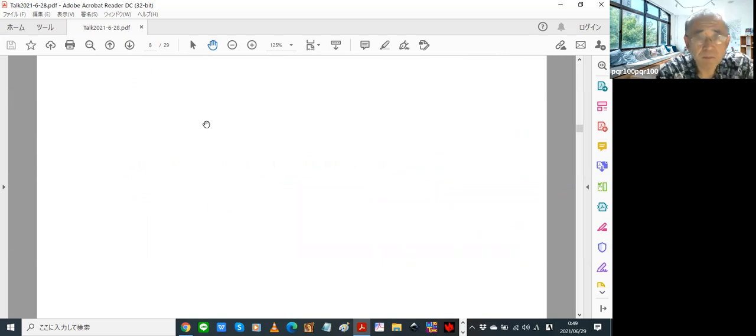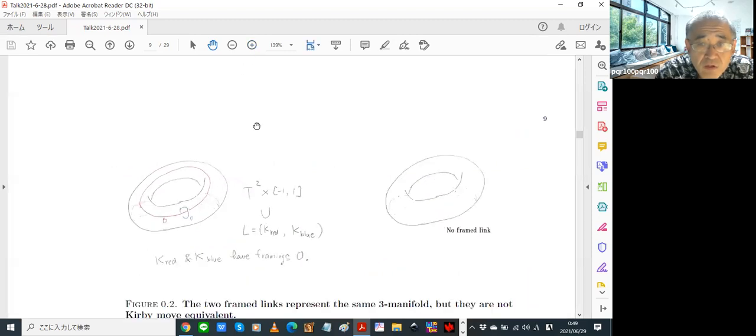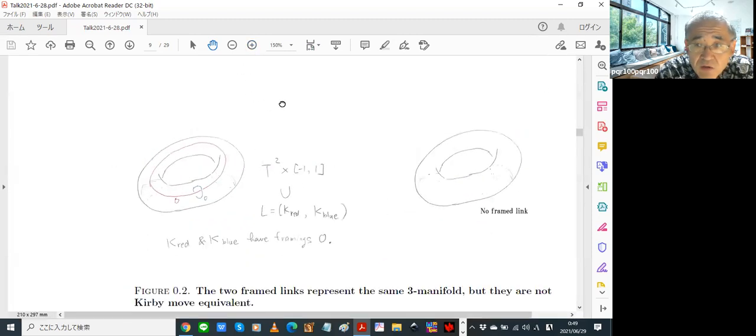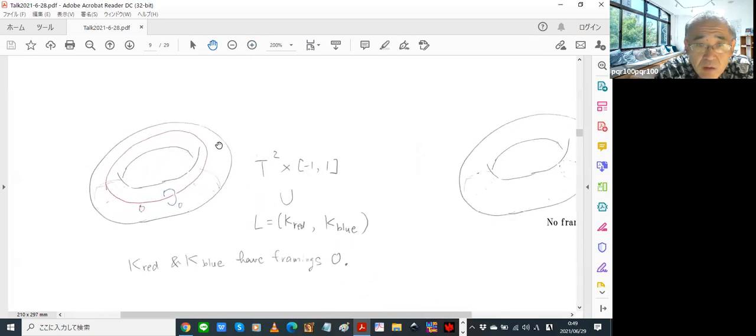An example is, oh, sorry, it's not fine. Can you see it? This is a thickened surface, sorry, a thickened torus. The red one is a longitude and the blue one is linked once in the thickened torus.